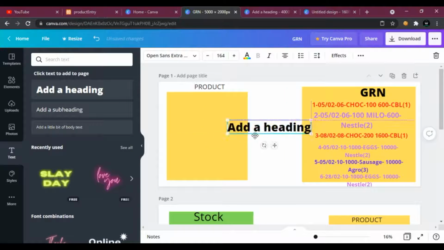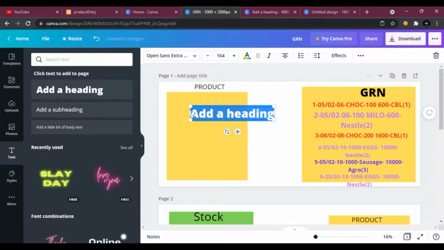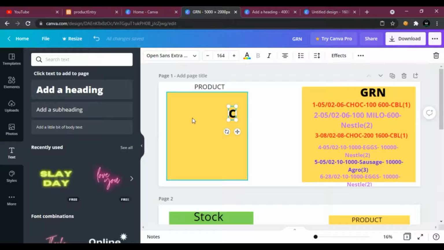Let's move on with the product code. So I got the product from CBL and it's an edible product, so I'm going to say 1, and the product code would be 01.